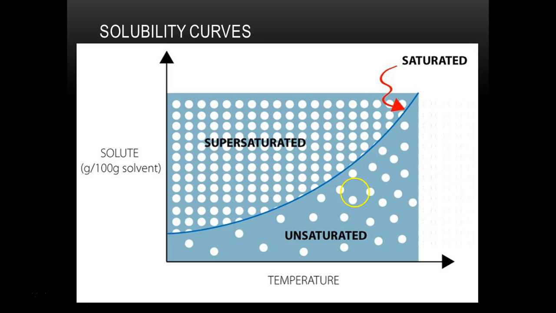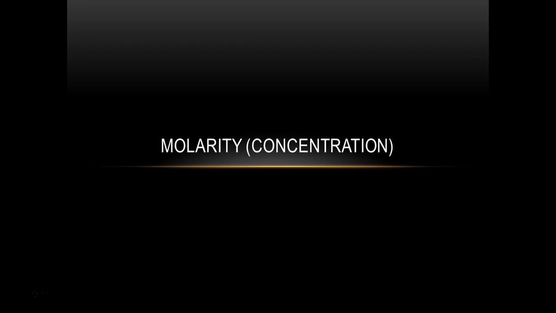This one I like because it gives you a nice visual of what the molecules are doing. So here we have our unsaturated down on the bottom, less dense molecules. The line represents the saturation point, and up at the top, the supersaturated, you have all those molecules packed close together, just like our teenagers in that hot, hot room. All right, that's pretty much it for solubility curves.